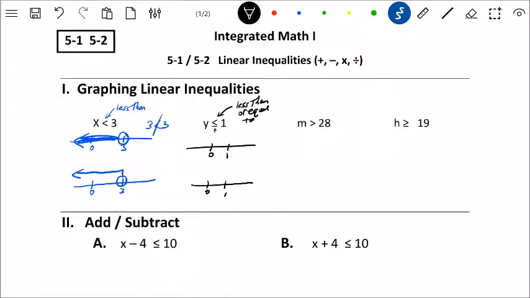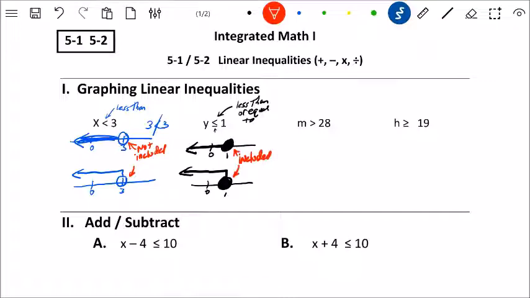So y is every number that's less than 1, but it can be 1 as well. So we can show it this way with the closed circle. The closed circle means included. So here it's not included, and here it is included.